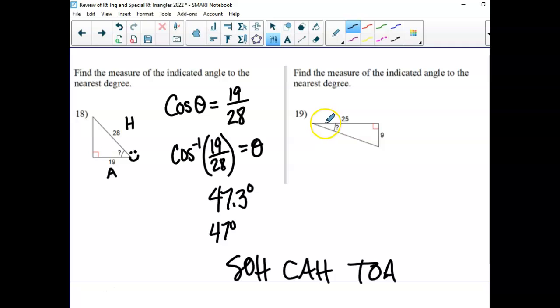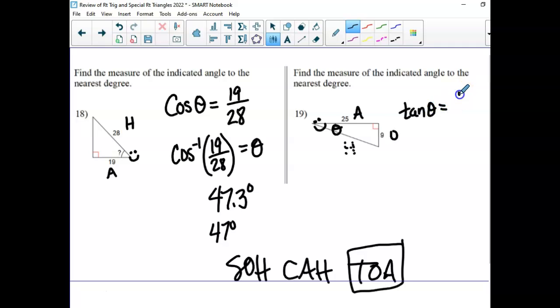Number 19, if I put my smile where the question mark is here, or my theta is here, what function do I need? This would be opposite. This would be adjacent. I don't know anything about the hypotenuse here, so that's not going to help me. The only one that uses only opposite and adjacent is tangent. So I have the tangent of the angle is opposite over adjacent.